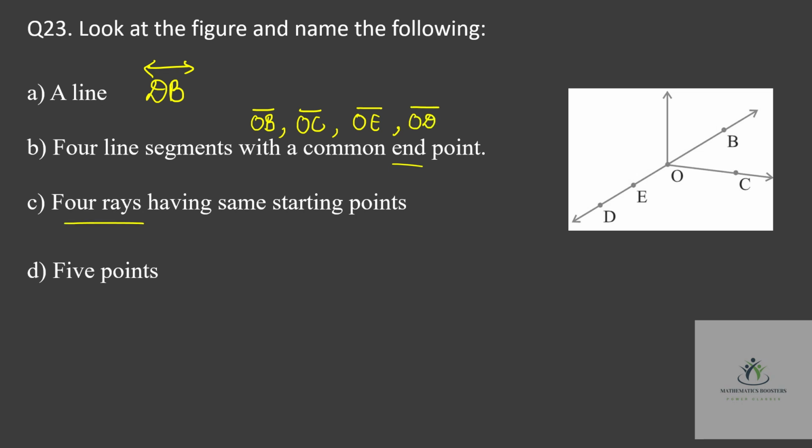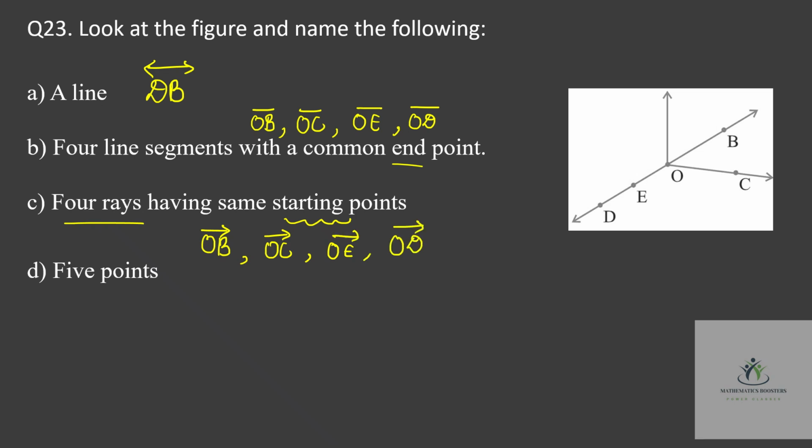Now 4 rays with the same starting point. I'm using the same points but with the ray symbol: OB, starting with O and going towards B. OC, again starting with O. OE, starting with O. OD.